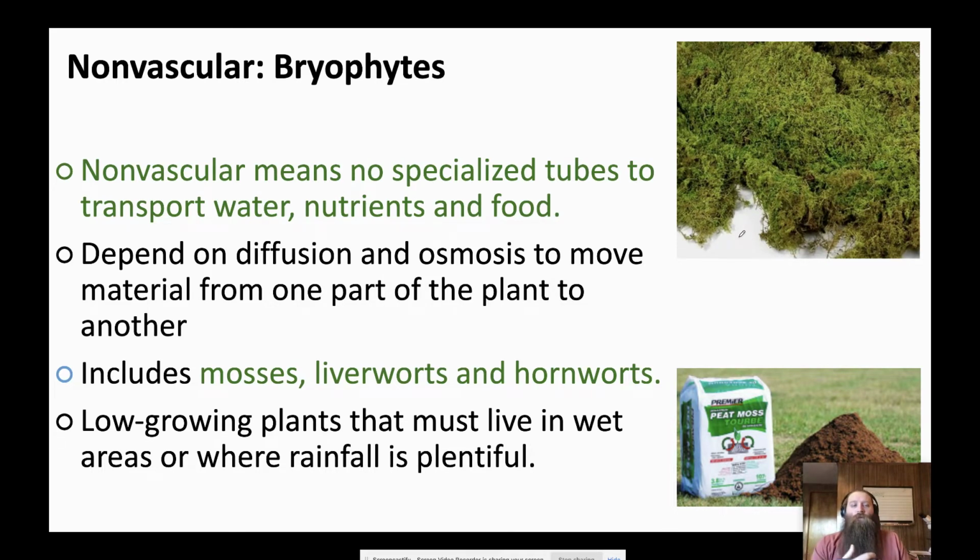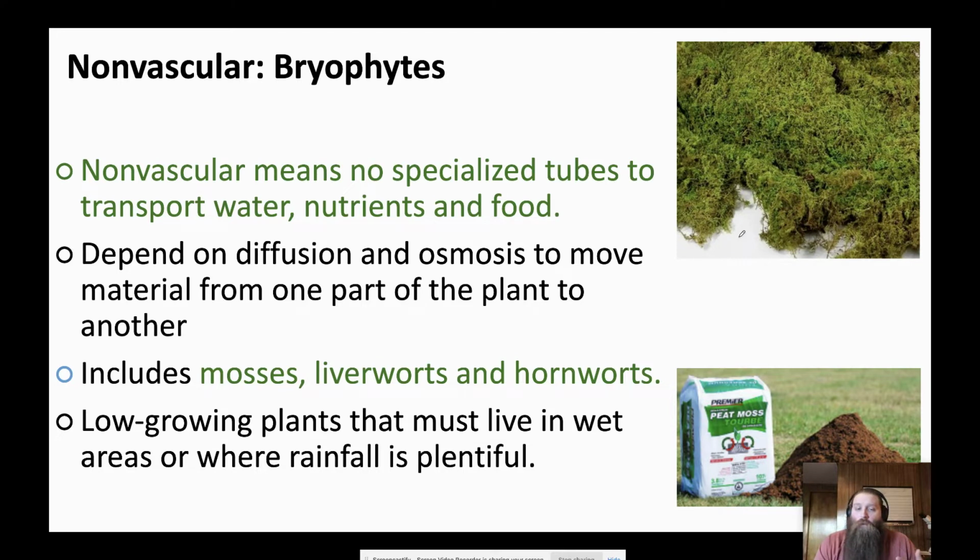And non-vascular means that there's no tubes in these plants that will transport water or nutrients or food from one part of the plant to the other. So they don't have like veins, right? Think of those transport tubes kind of like veins in us that transport things around our body. If a plant is non-vascular, it doesn't have a specialized tube to do that. Instead, bryophytes depend on diffusion and osmosis to move nutrients from one part of the plant over to another.